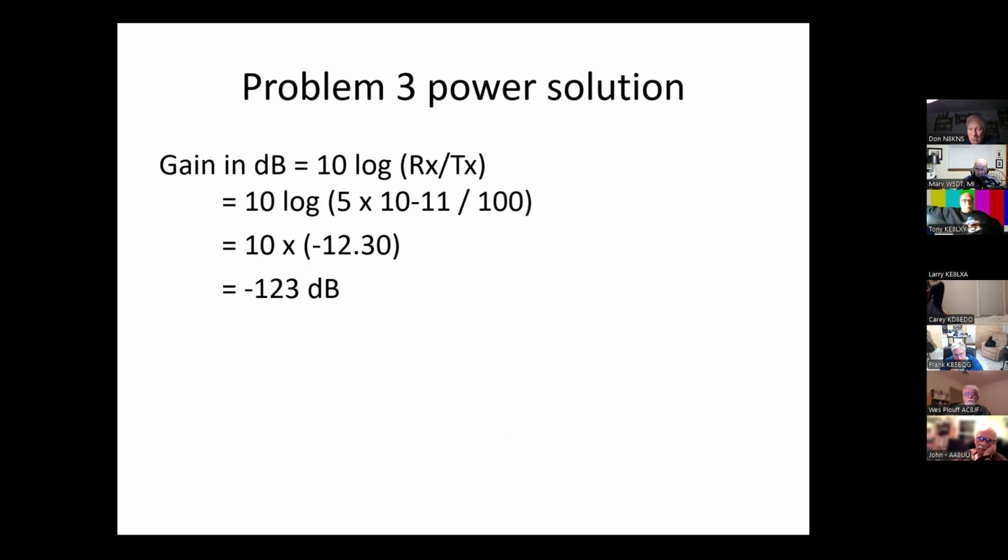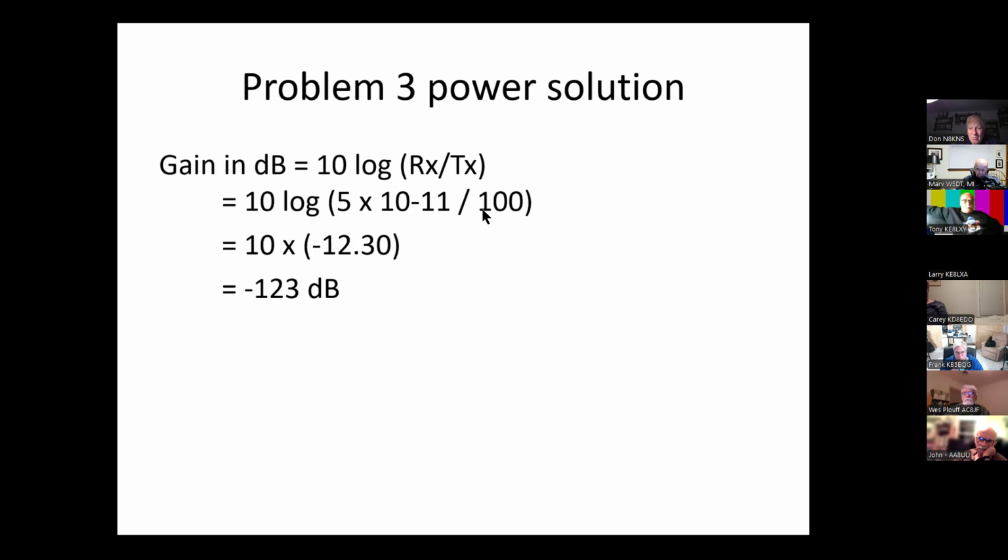if we do this looking at the relative power, then the gain in dB is 10 times the log of the receive power over the transmit power. So that's 10 times the log of 5 times 10 to the minus 11th power divided by 100.